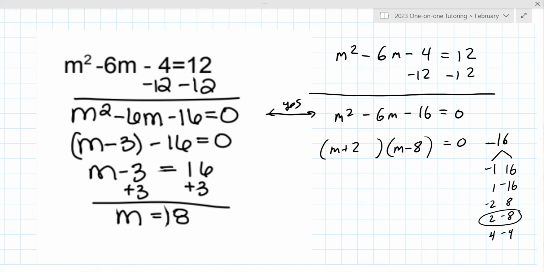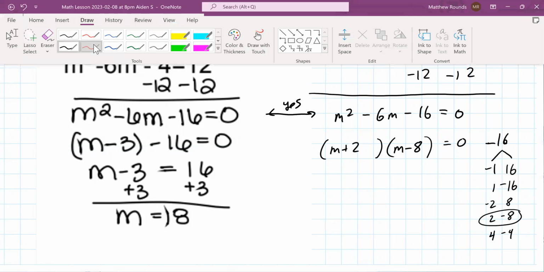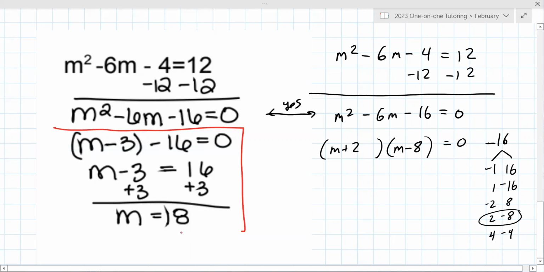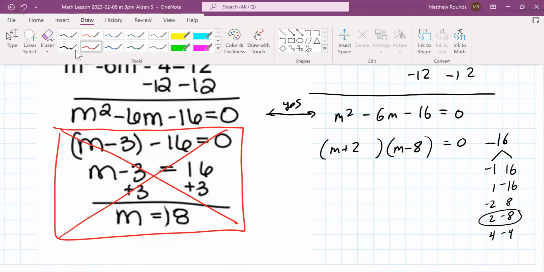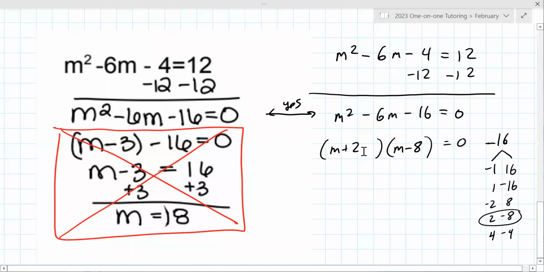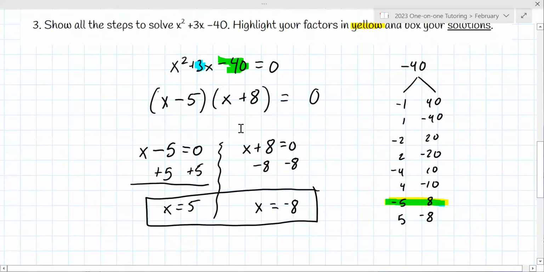So m plus 2, m minus 8. Okay, so now this is where we're different. I mean, basically everything from this line down is wrong on this side. So we're going to keep going. What did we do in the previous problem after we got these two binomials? Do you remember? You subtract 2 and add 8. Right, but before you do that, you separate them.